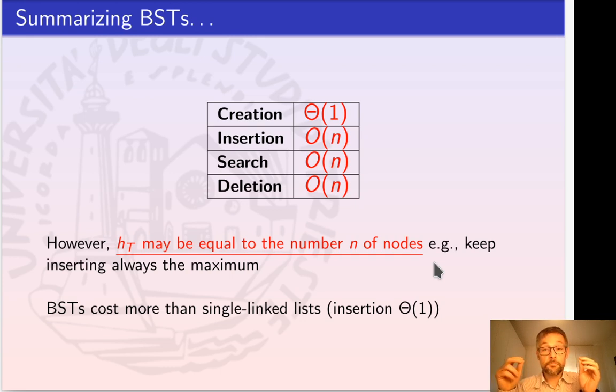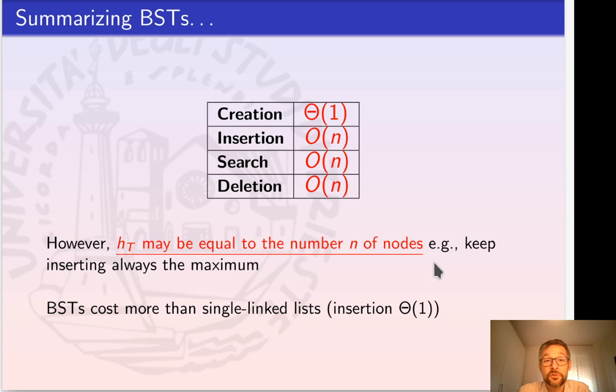Okay. What about the deletion? Again, to delete a value from the list, you need to go through all the list. So again, it is big O of n. What about insertion? Well, if you are not really interested in getting a list sorted in any way, you simply have to attach your newborn at the beginning of the list. So the insertion takes constant time in that case. So a BST basically costs more than a single list.